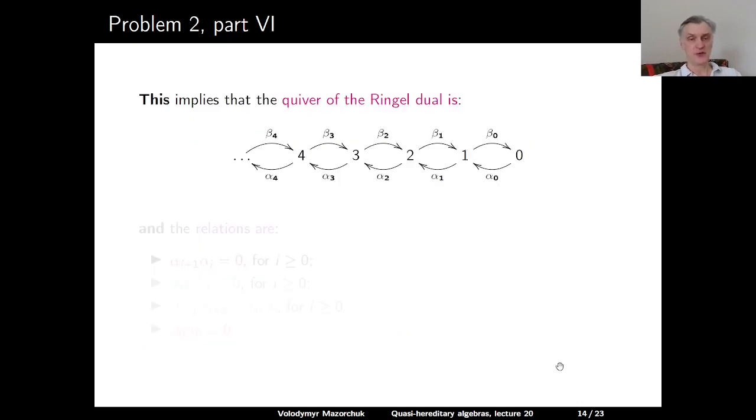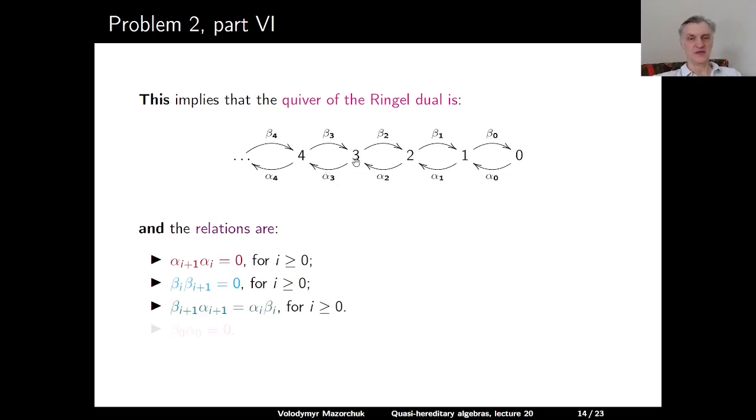This implies that we have the following quiver. We have vertices starting from infinity and then going to 4, 3, 2, 1, 0. And then the arrows beta i from i minus 1 to i, arrows alpha i from i to i plus 1, and the relations, now the same as in the original quiver: 2 consecutive alphas give 0, 2 consecutive betas give 0, and then starting from any i, doing beta i and then alpha i is the same as doing alpha i plus 1 and then beta i plus 1.